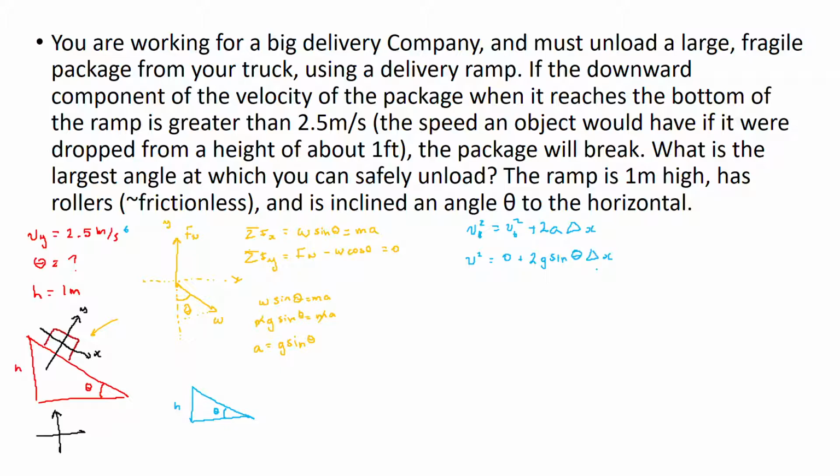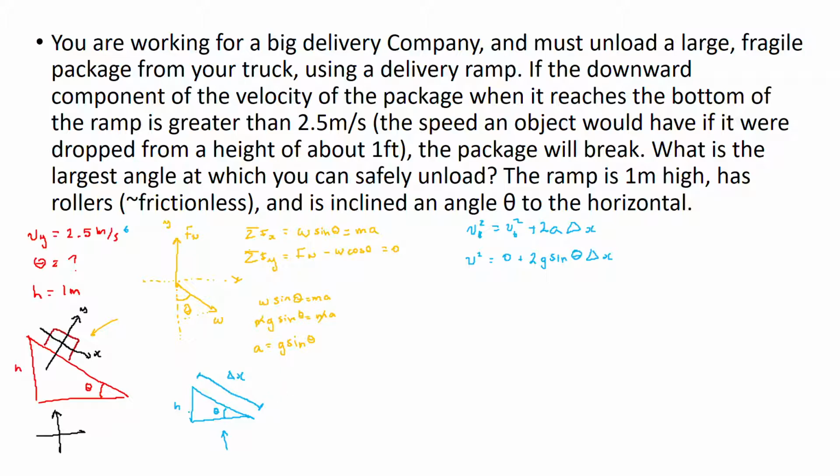But there's a way of knowing that. Let's remember that this part over here is a straight triangle, and it's going to move from here to here. This is going to be delta x. From there we can start playing with trigonometric properties.